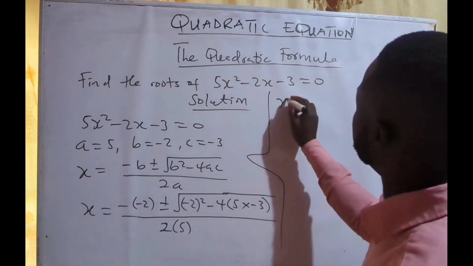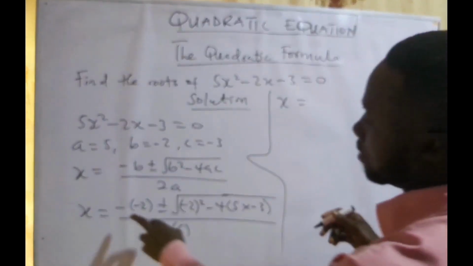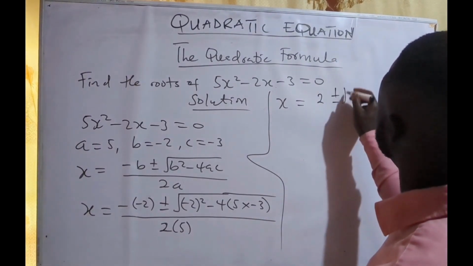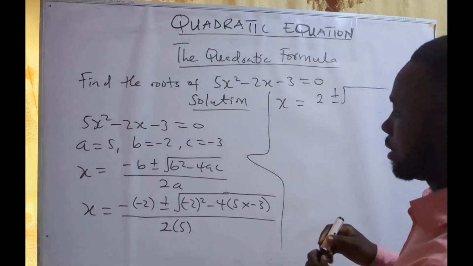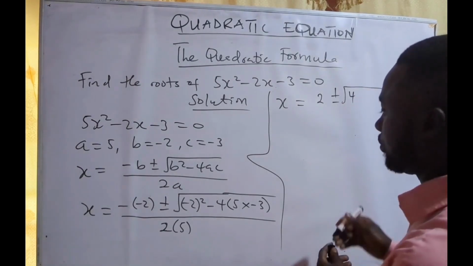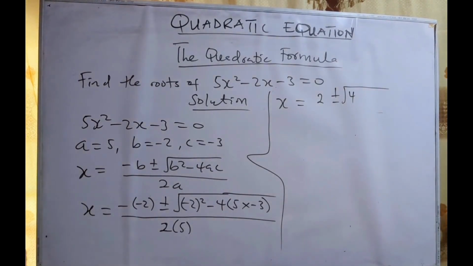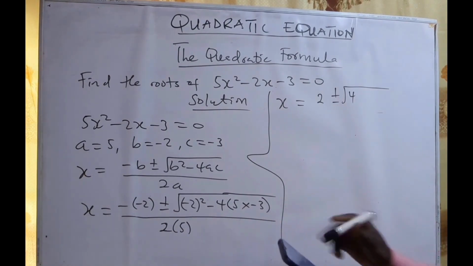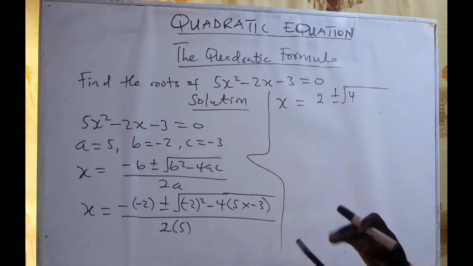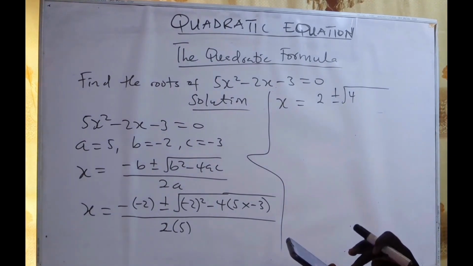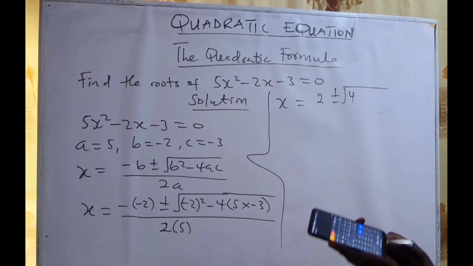So my x will now be equal to minus negative 2, which will give me 2, plus or minus negative 2 squared will give me 4. Then I multiply negative 4 by 5 by negative 3. Okay, so negative 4 times 5 times negative 3, and that will give me 60.